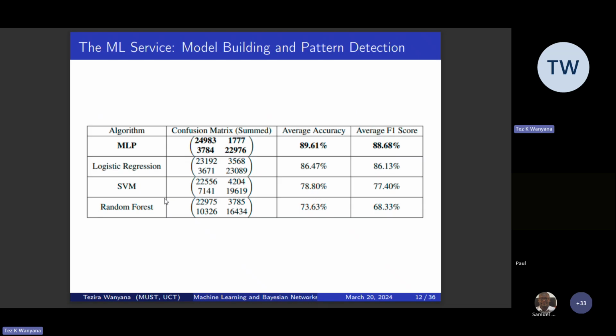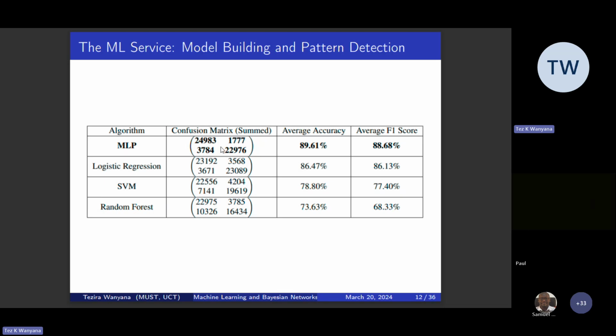So for model building and pattern detection, we had 4 machine learning classification algorithms that were implemented. We had the MLP, the logistic regression, support vector machines, and random forest. Trained using tenfold cross-validation, we obtained the average accuracy, the average F1 score, and also a summed up confusion matrix.